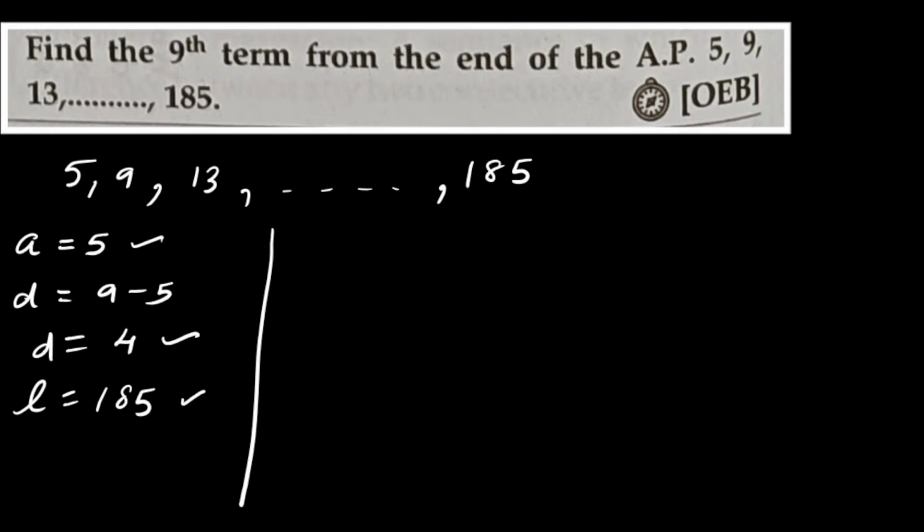Now I have given you one formula for when you have to find any term from the last. We have to find the ninth term from the end, so A9.